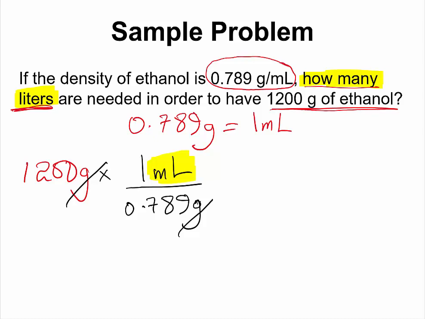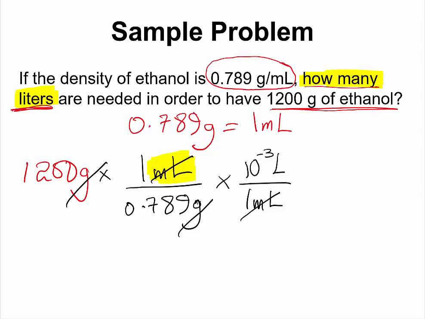And that means that we can simply interpret milli as 10 to the negative 3. So 1 milliliter is literally 10 to the negative 3 liters, which means milliliters would cancel out.